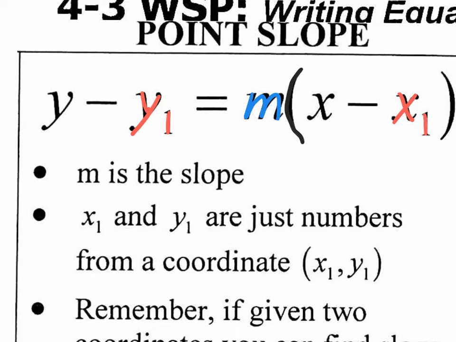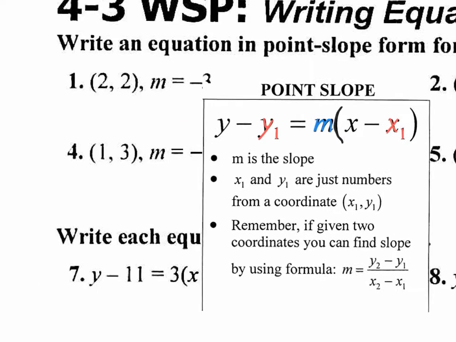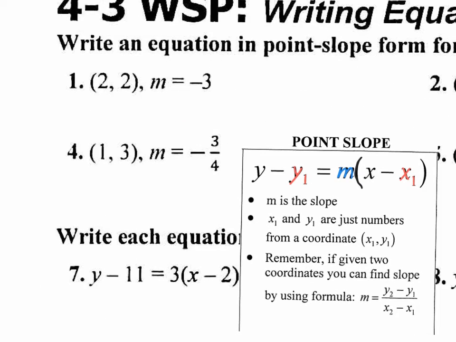I like to use different colors. Okay, so what we need to do is take the m that they give us, which is -3, and put it right there where the m belongs, and take this, which is really an x1, y1, and plug in the x1 value of 2 right there, and the y1 value of 2 right there.